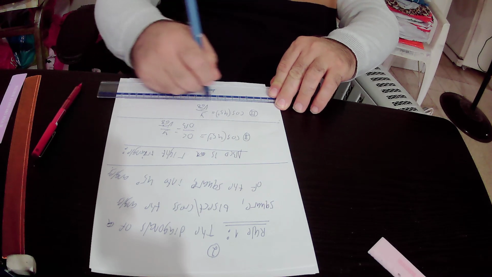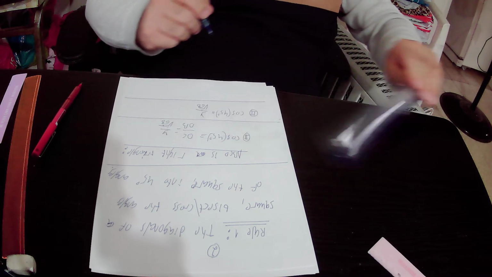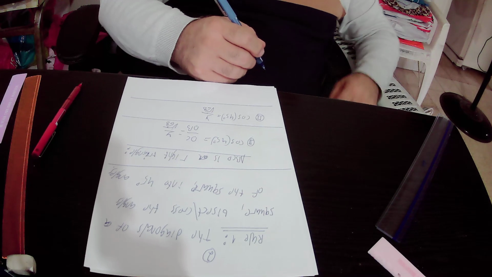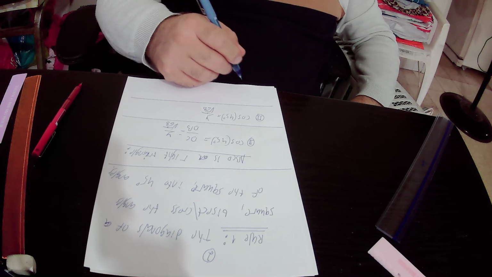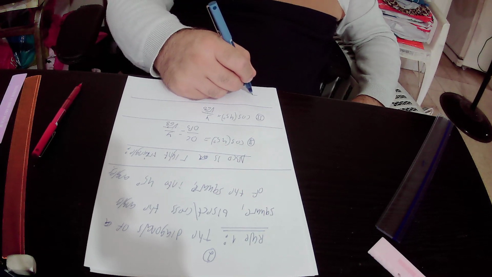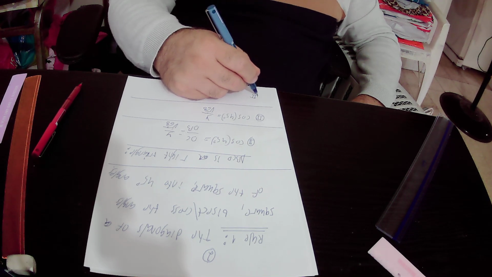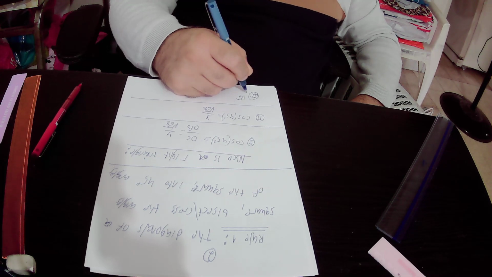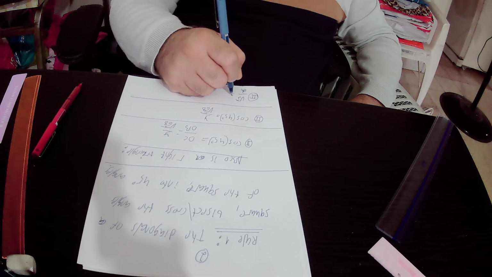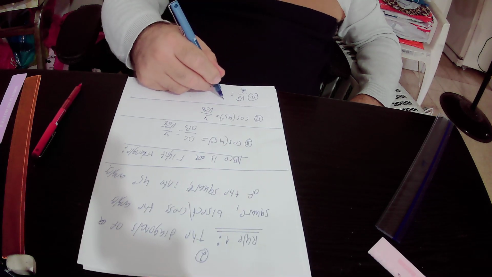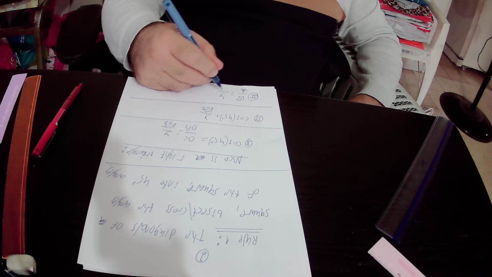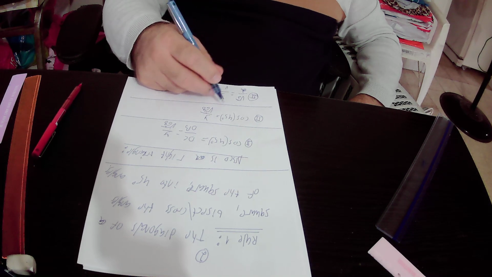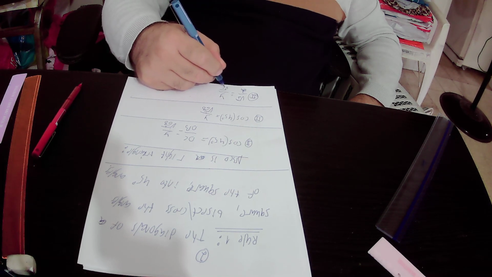Actually, cosine 45 degrees is square root of 2 over 2, so we substitute cosine 45 degrees by square root of 2 over 2, and it equals y over square root of 68 units according to equation number 2.